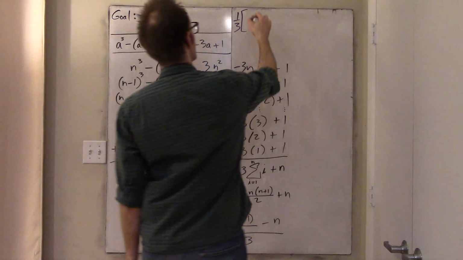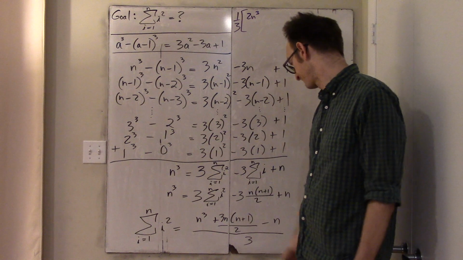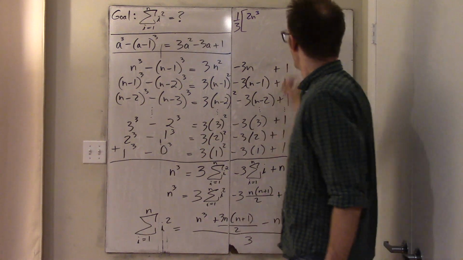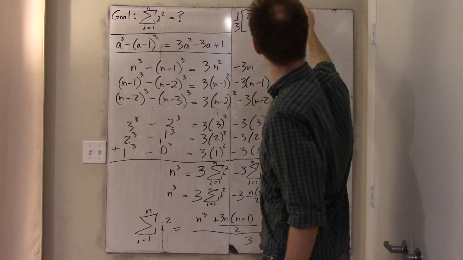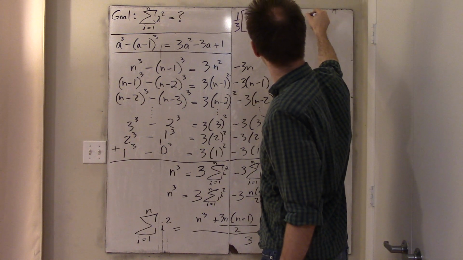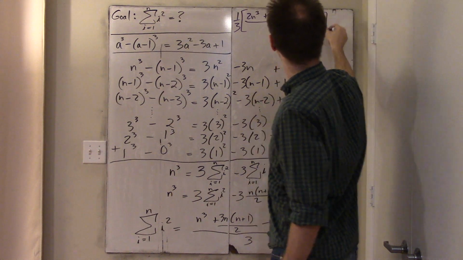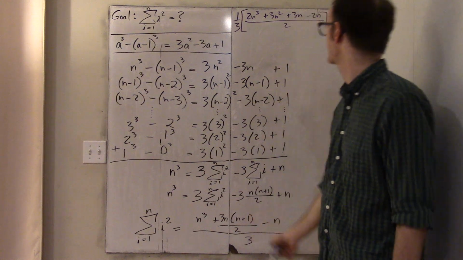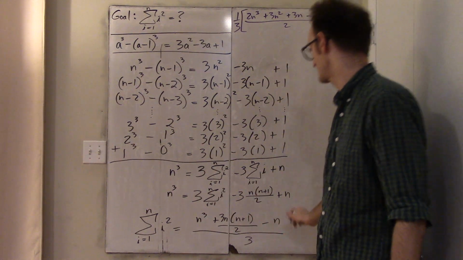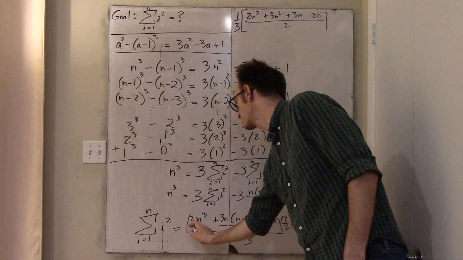So that's 2n cubed plus 3n squared plus 3n minus 2n, all over 2. Hopefully that's clear what I did. That's 3n squared plus 3n. And then I just got a common denominator here, 2 over 2 and 2 over 2.